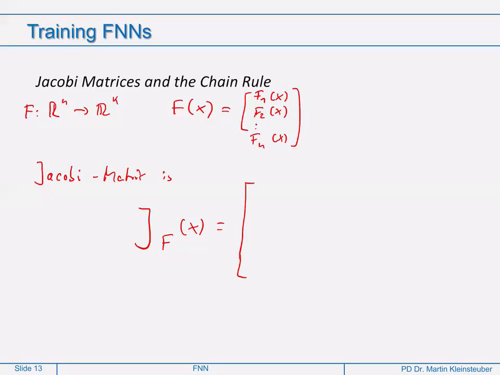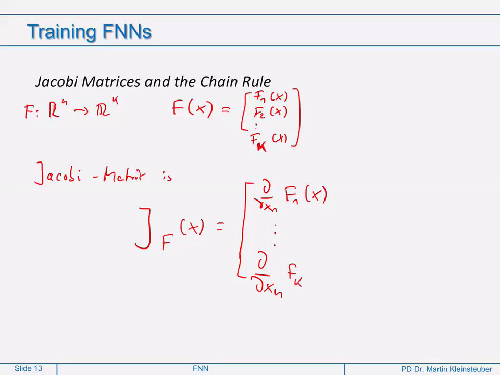n times k. And we have the first derivative dx1 of f1, where we plug in our x, and so on up to dxn of f... sorry, here's a k. We are mapping to Rk. Moment, hold on.